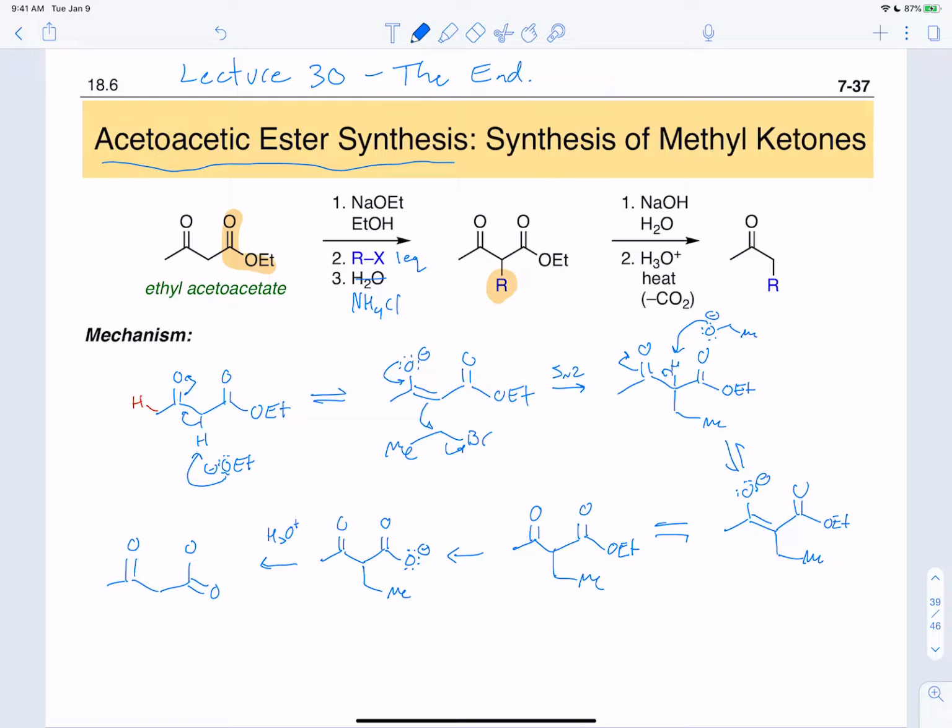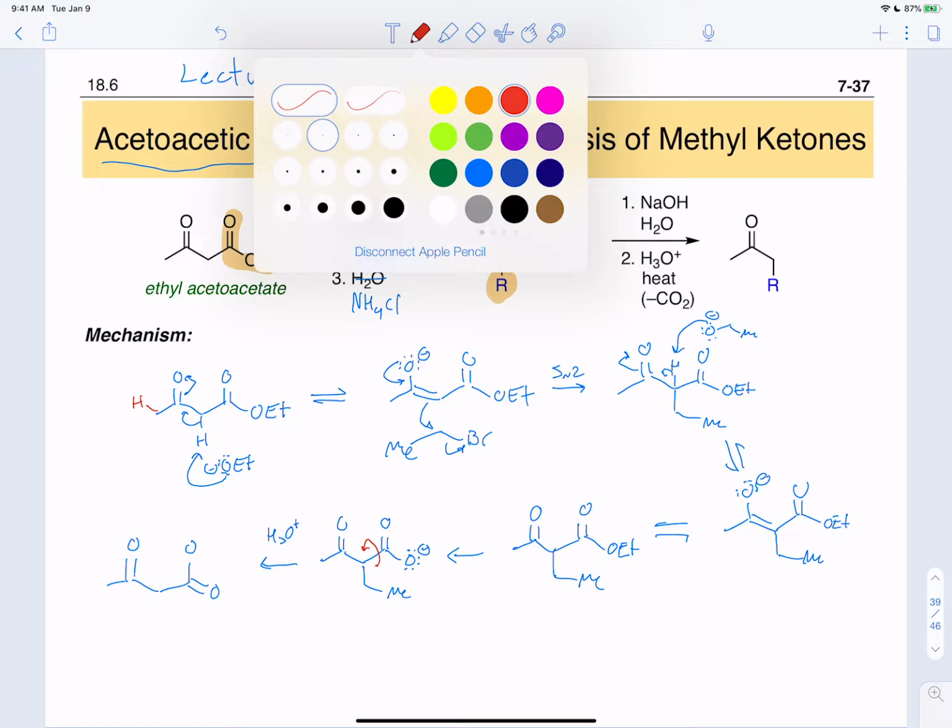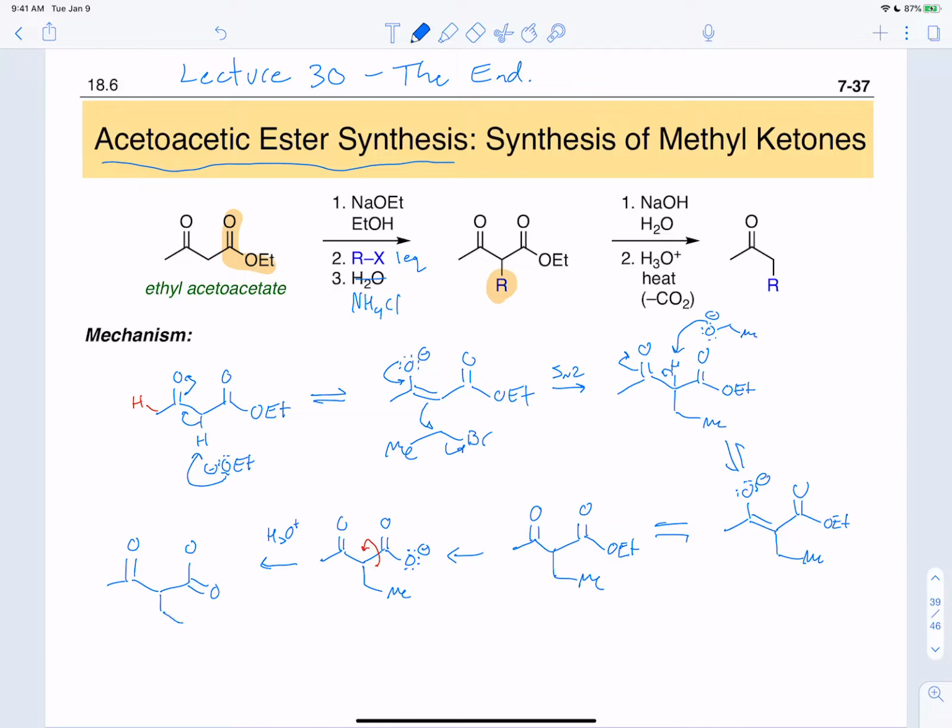So I'm rotating around this bond, and I'm doing this because we're going to need to have it in this position to see the next mechanistic step occur. So somewhere along the way, we end up making a product that has all of this carbon dioxide lost. So there's a nice way to draw the mechanism for loss of carbon dioxide. Once we get to this carboxylic acid, if you heat it up enough, you can actually have the lone pair from this carbonyl that probably already is hydrogen bonding grabbing this hydrogen.